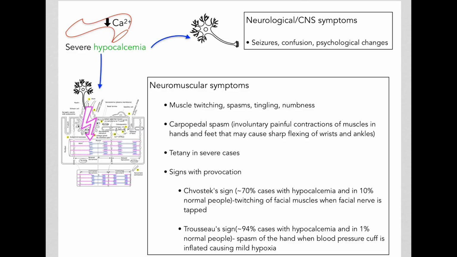So in Trousseau sign, the patient will show spasm of the hand when the blood pressure cuff is inflated, and this inflation of the blood pressure cuff causes mild hypoxia. So this mild hypoxia causes spasm of the hand that we call Trousseau sign. This is a more specific sign compared to Chvostek sign.